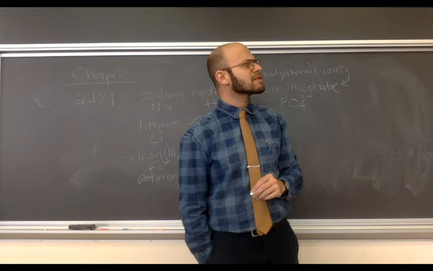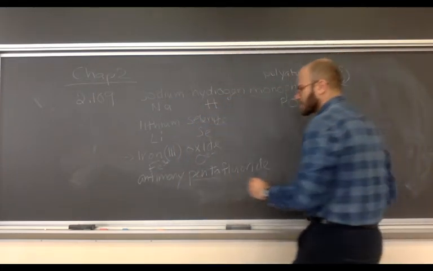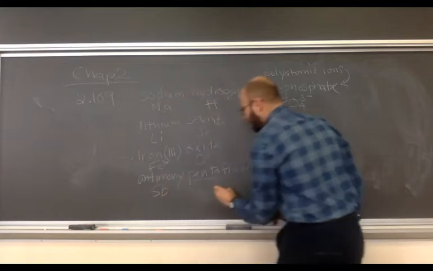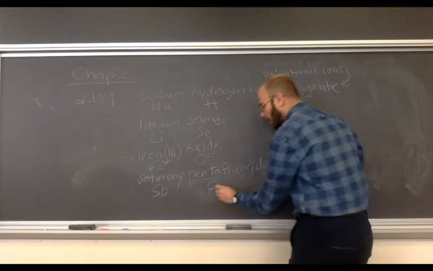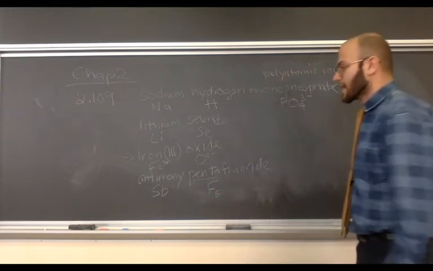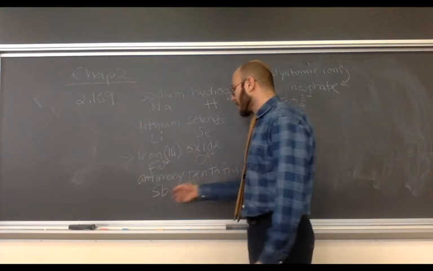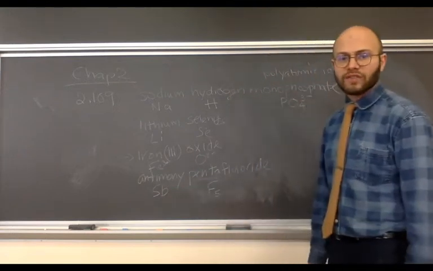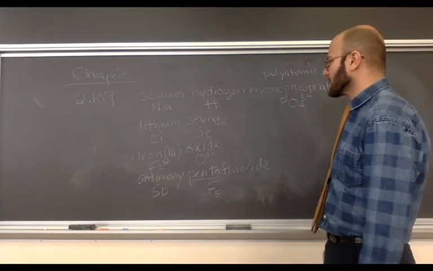I wish I had checked this before. I think it is. And then the pentafluoride, so you can guess not only is it fluorine, but there's going to be 5 of them as well, right? And so the nice thing is because there's no other signifier, we're going to imagine that there are one of these. So now that we have all of the components, let's begin to put some of these together.